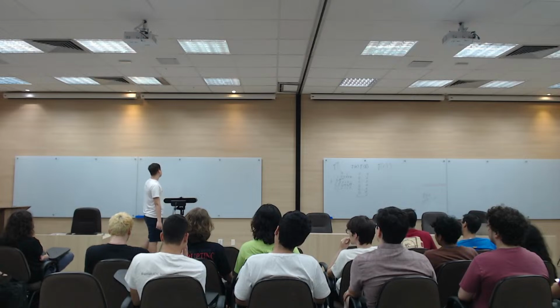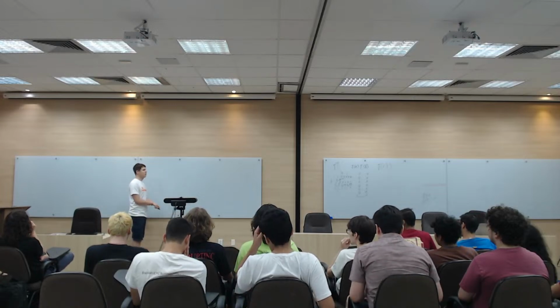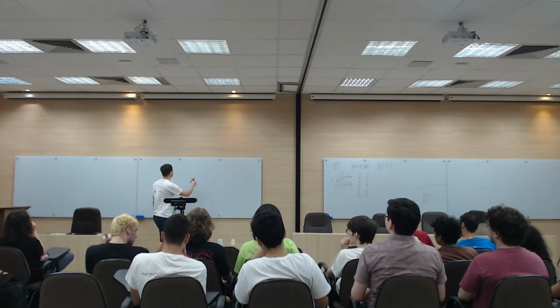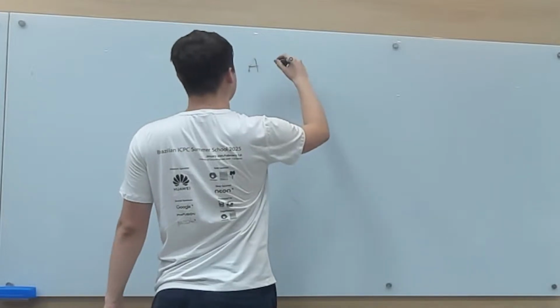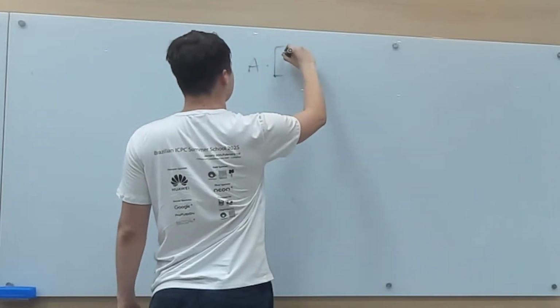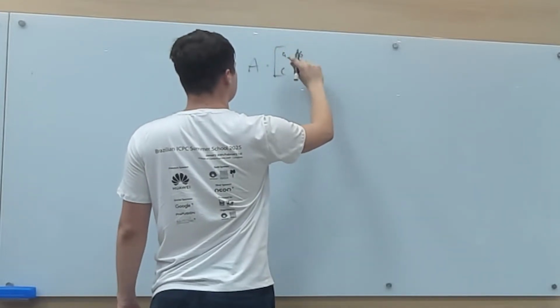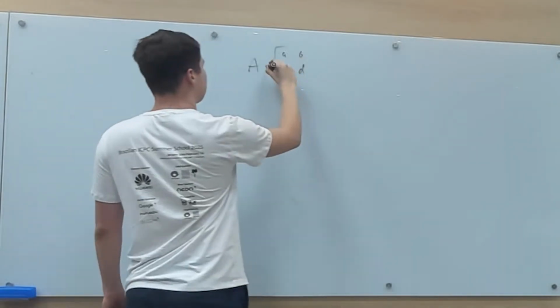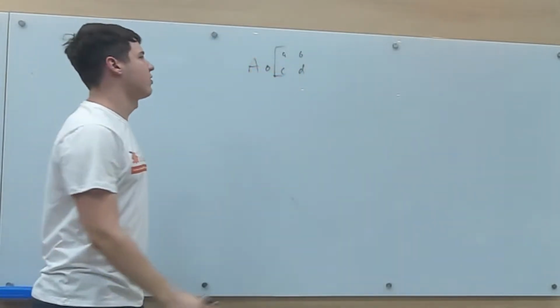Okay, let's first define a Kronecker product. So let's have some matrix A times some matrix with entries A, B, C, D. It's a Kronecker product.